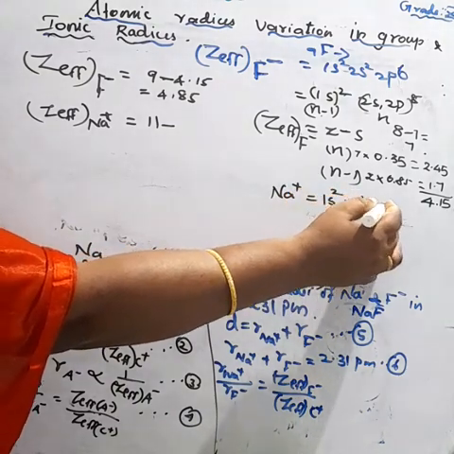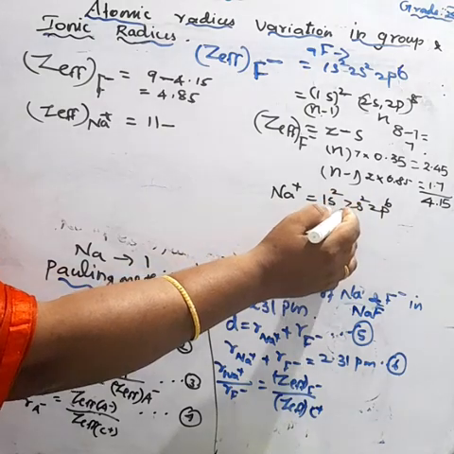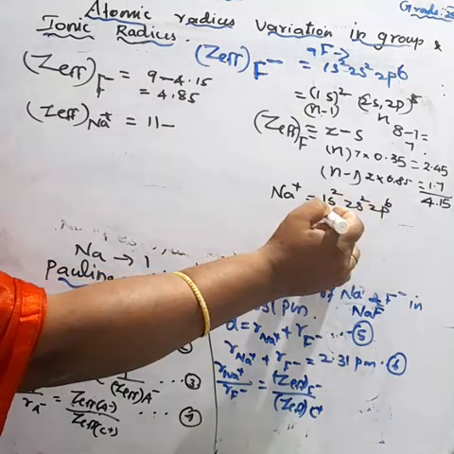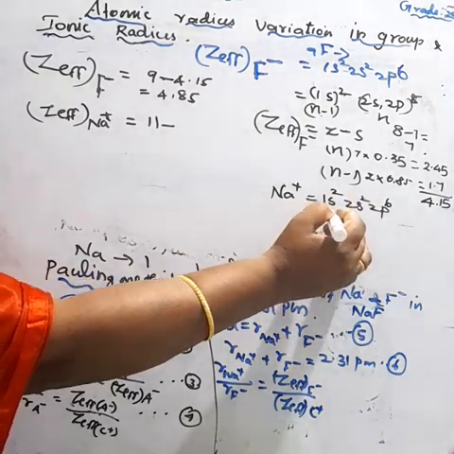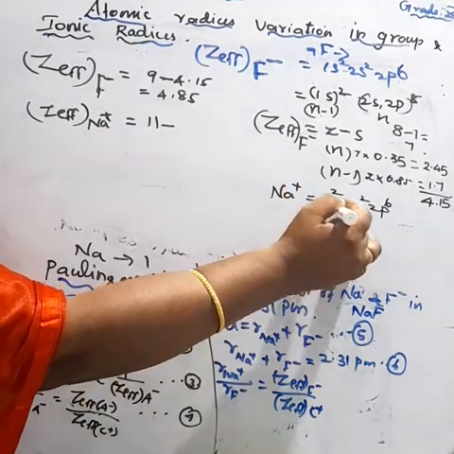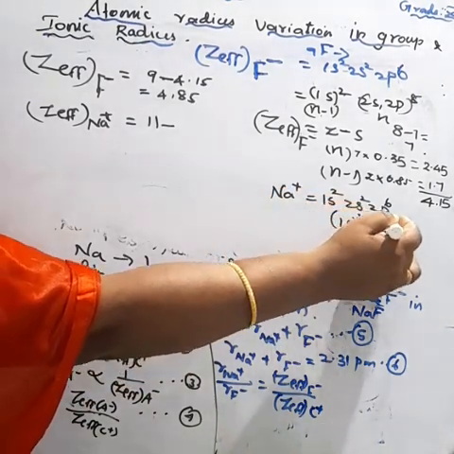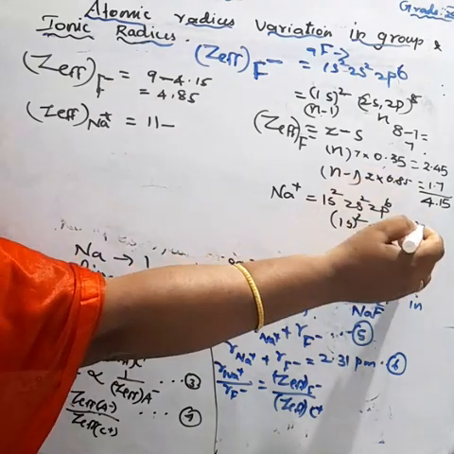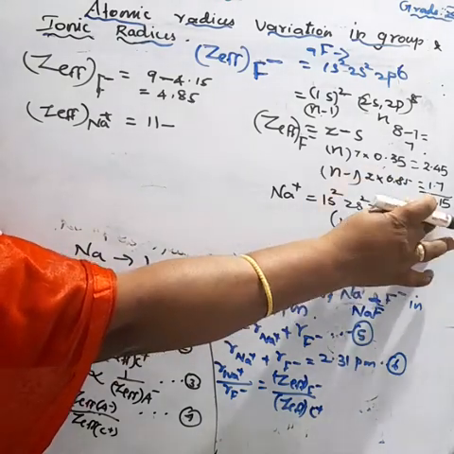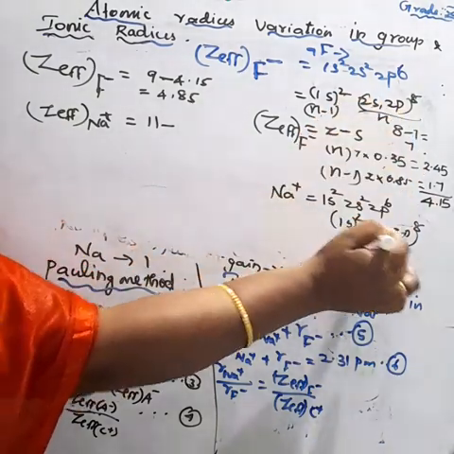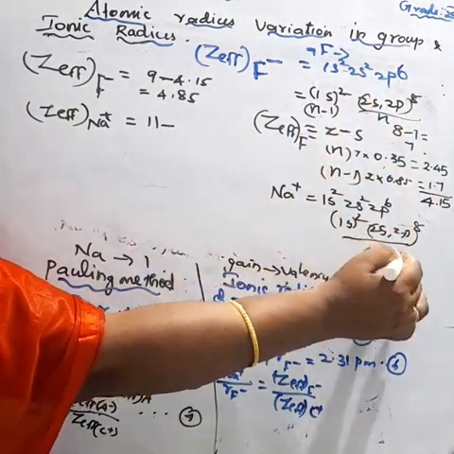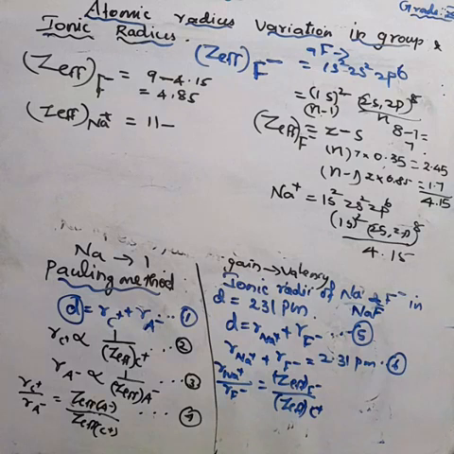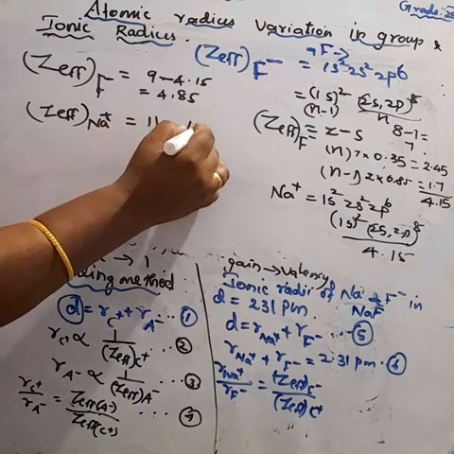The 3s electron is removed. Grouping these electrons, 1s2, 2s, 2p, there are 8 electrons. This is the same as the fluoride ion, so we know the value is 4.15 for the p orbital. So 11 minus 4.15, we get 6.85.